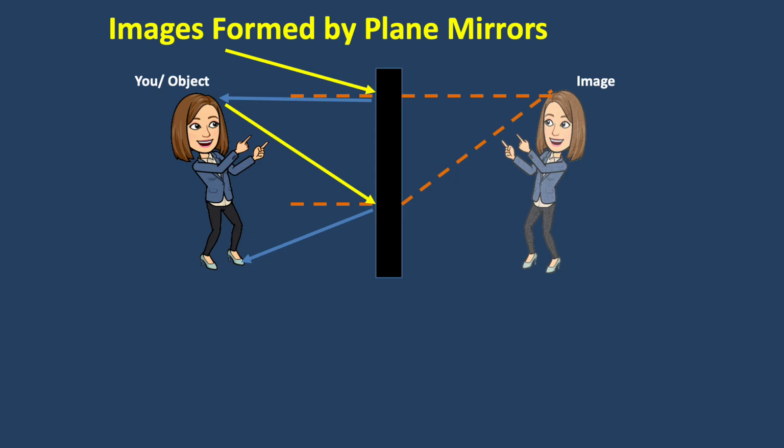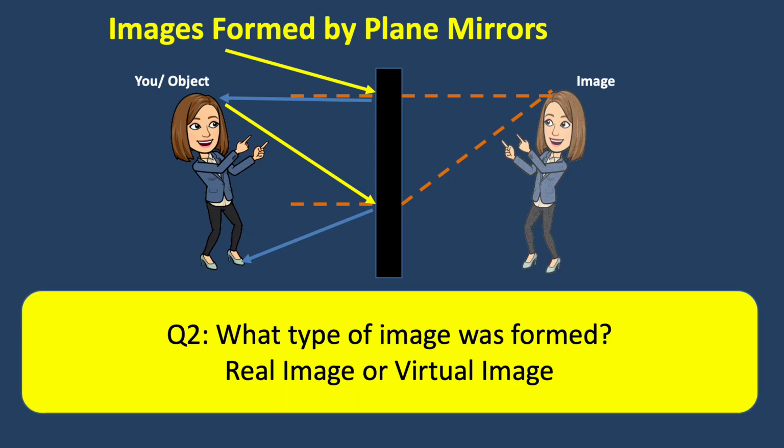Question number 2. What type of image was formed? A real image or a virtual image? Remember, can you catch it on a screen? The image formed is a virtual image, because the light rays only appear to diverge from behind the mirror and cannot be projected.